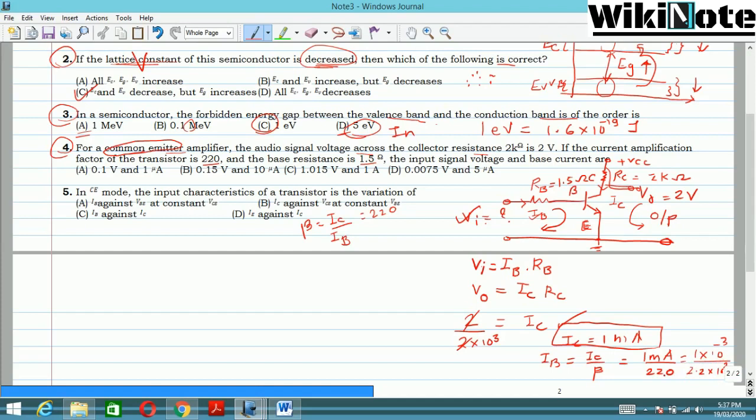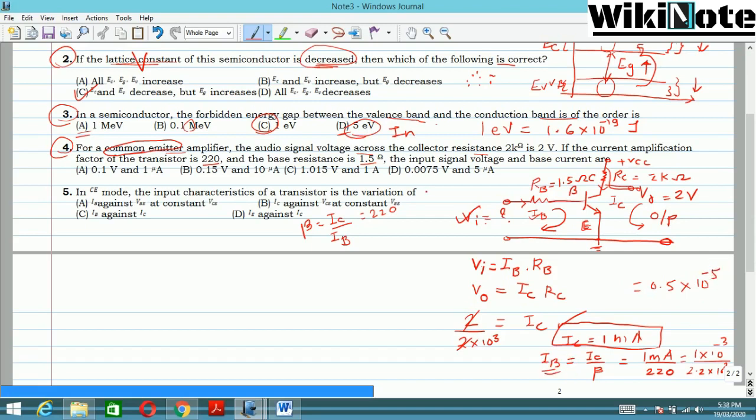So 1 upon 2.2 is almost equal to 1 by 2, so that is 0.5. And this 10 raised to 2, if it goes above, becomes 10 raised to minus 2, so 10 raised to minus 3, minus 2, gives minus 5, and this is 0.5. So approximately 0.5 into 10 raised to minus 5, and that will be my IB.